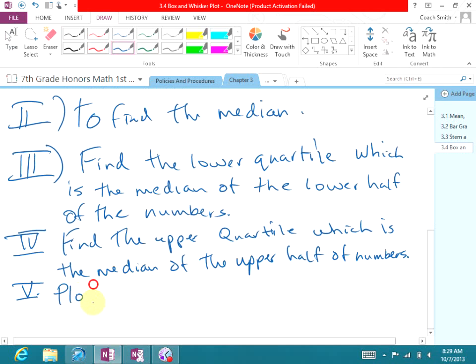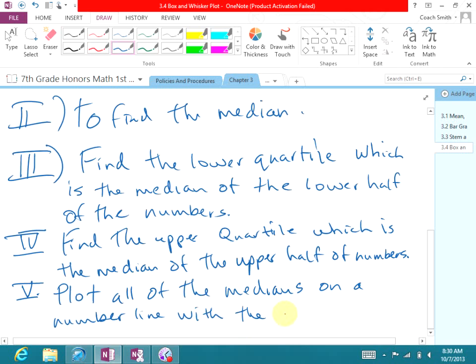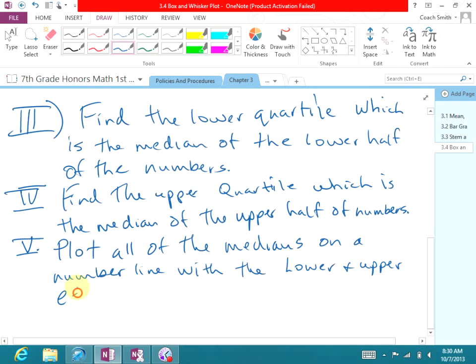Number 5 is plot all of the medians on a number line with the lower and upper extremes. Okay, the lower and upper extremes are the whiskers. They're the lowest and highest number.